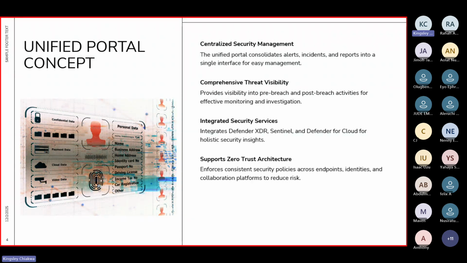A breach is when your data has been leaked, or someone has gotten access to something that he is not supposed to get access to. Things that can lead to that are pre-breach, and the post-breach activities are what they learned from it.